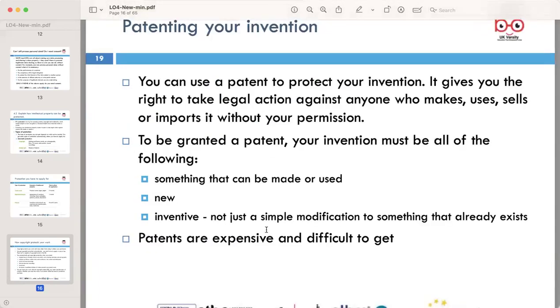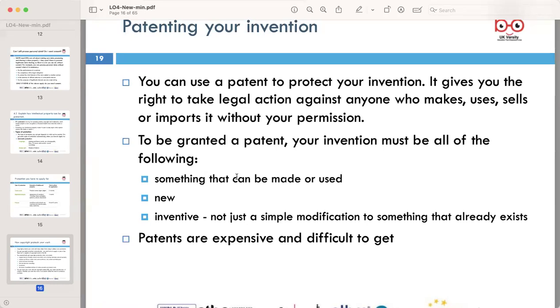Patenting your inventions. Patents provide legal protection for inventions, granting the right to take legal action against unauthorized making, using, selling, or importing. To secure a patent, the invention must fulfill the following criteria.